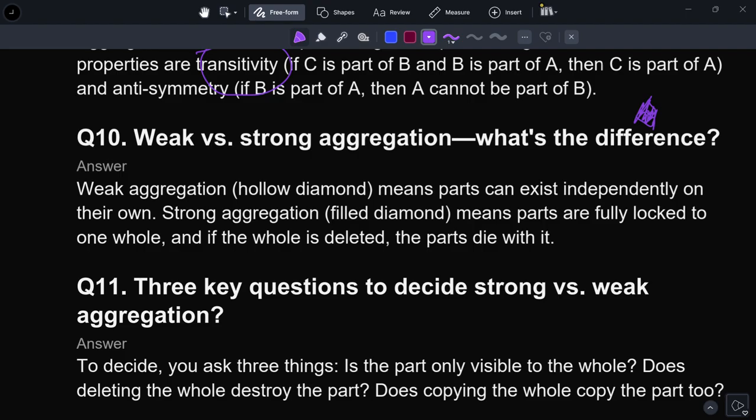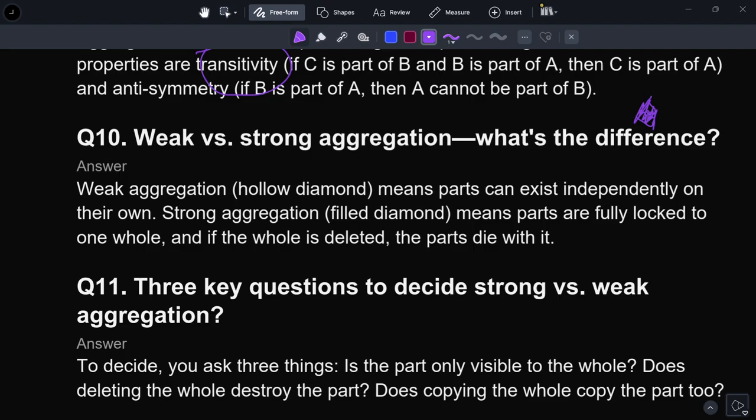The parts can survive on their own if the whole is destroyed. That's a weak aggregation. A strong aggregation is composition, dependent. These parts are completely destroyed if the whole is deleted. Multiplicity: the part can belong to multiple parents over time. That's a weak aggregation. And in a strong aggregation, the part belongs to exactly one parent at a time.